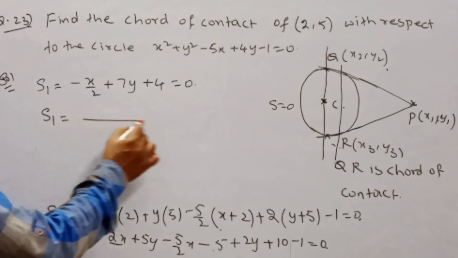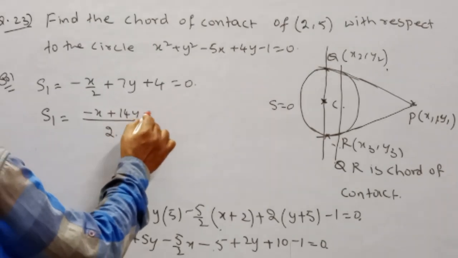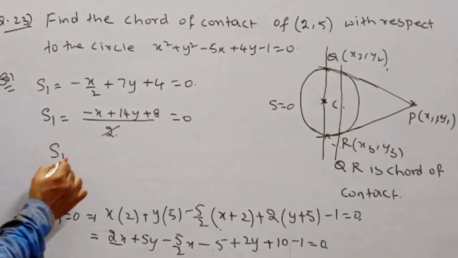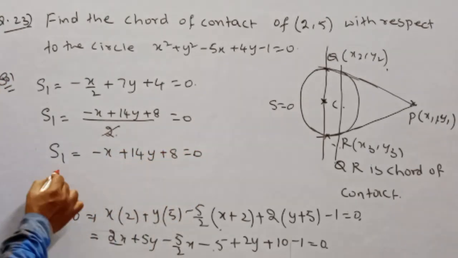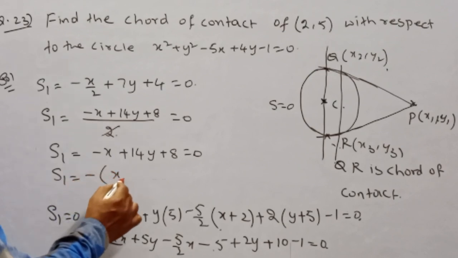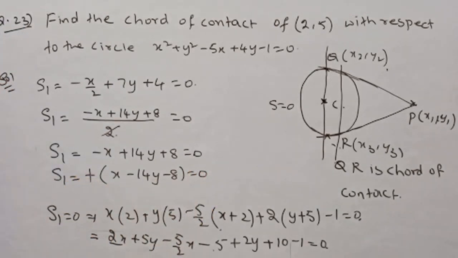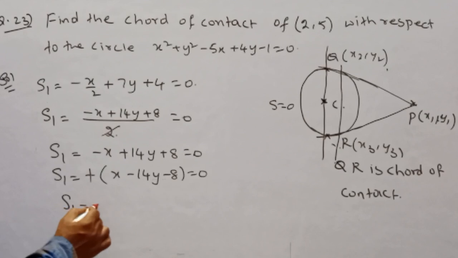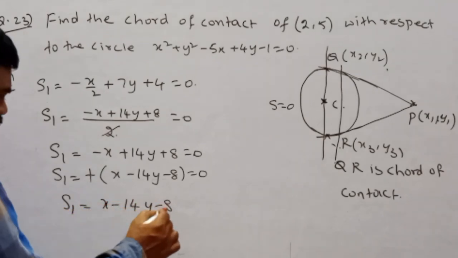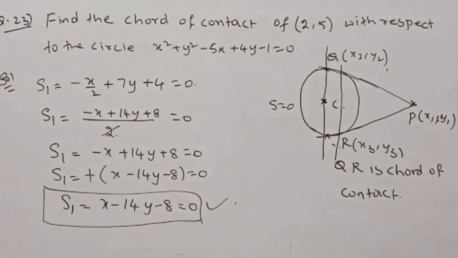S1 is equal to, LCM is 2, minus x plus 14y plus 8 equal to 0. Taking minus common, S1 is equal to x minus 14y minus 8 equal to 0. So what is the required chord of contact? The required chord of contact is x minus 14y minus 8 equal to 0. Okay, all of you? That's all.